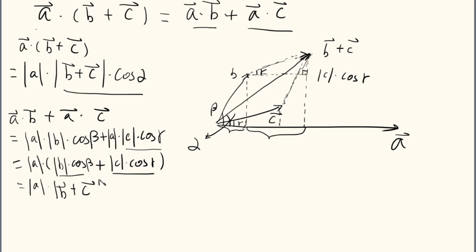Plus along vector A. So that is vector A times vector B plus vector C. The left part and the right part are equal. So we have proved the distributive law of the dot product.